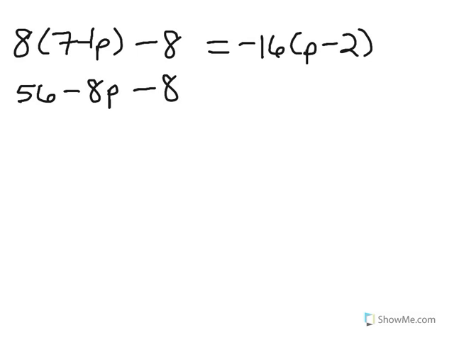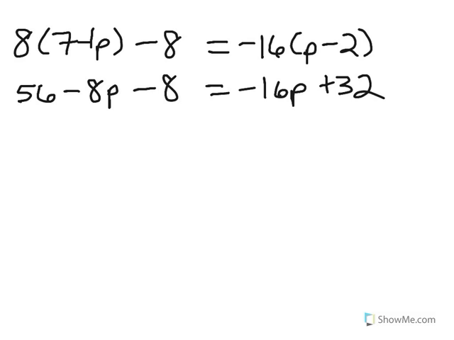Negative 8 is still there. Over on the right side, everybody inside those parentheses needs to be multiplied by negative 16. Negative 16 times p is negative 16p, and negative 16 times negative 2 is positive 32.